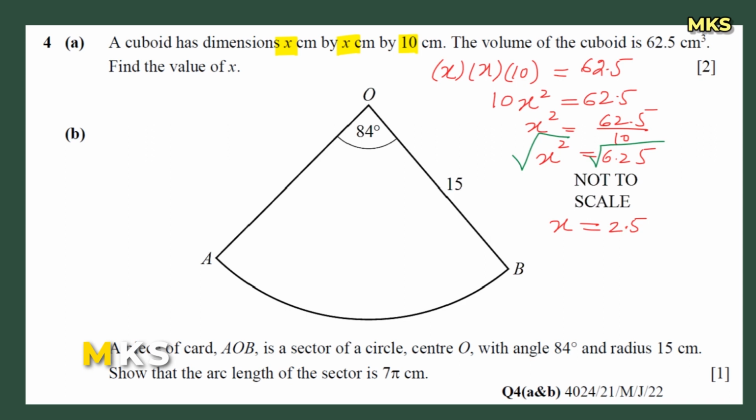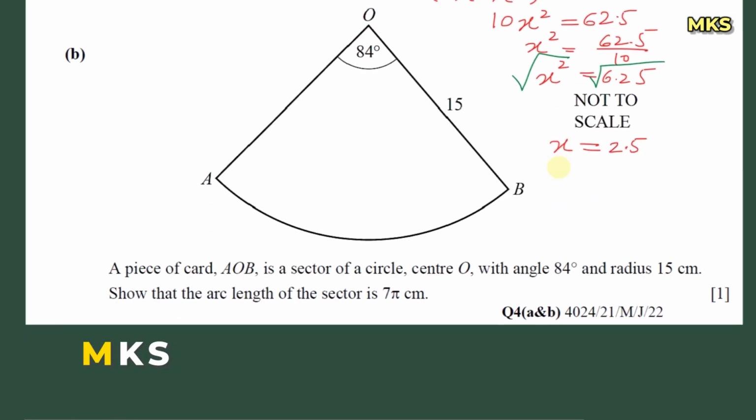Here 6.25 means 625 over 100. So the square root of 625 is 25, the square root of 100 is 10, and 25 over 10 is 2.5. You can do it mentally, but again, this is paper 2, you can use a calculator.